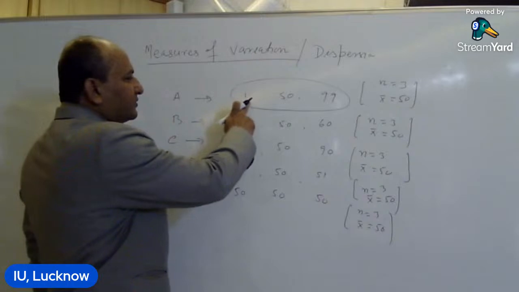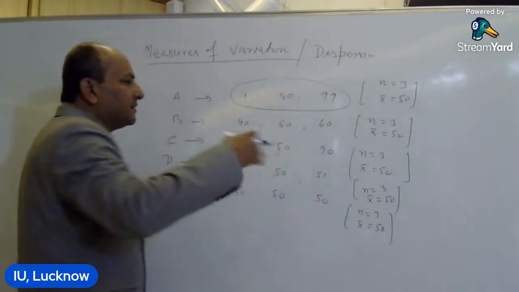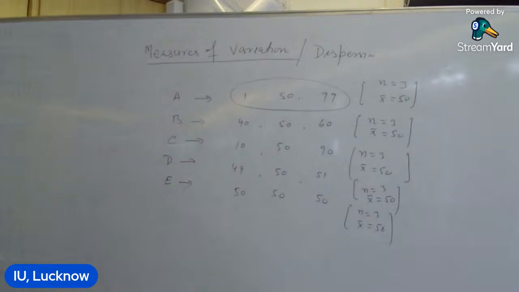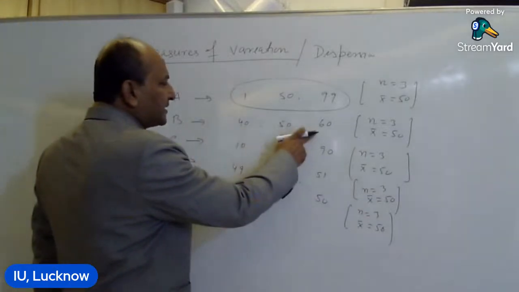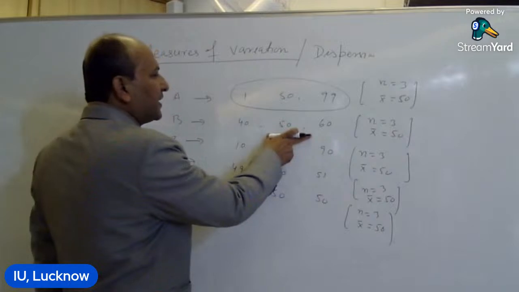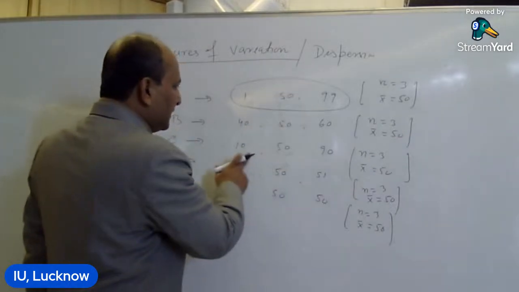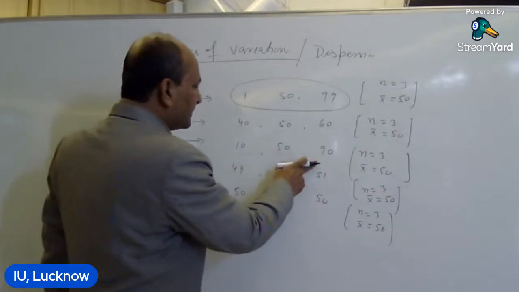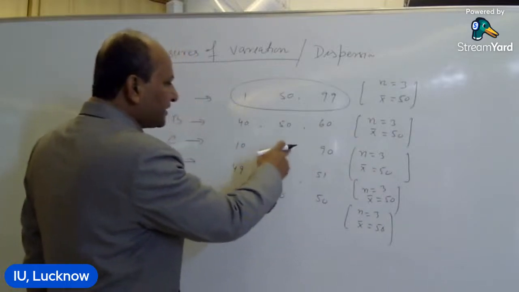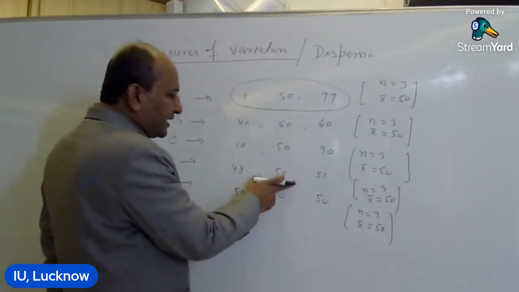Here the other observations, 1 and 99, are much more distant from 50. Here 40 and 60 show less variation with respect to the first one. Here 10 and 90 also show some variation from 50. Here 49, 50, 51 show less variation.